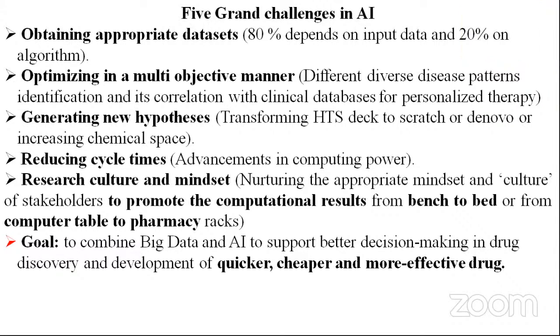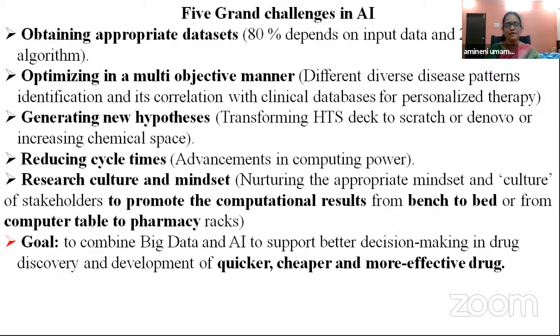And there should be a mind change in the research culture also. Previously it was bench to bedside; it should be replaced with computer table to pharmacy racks. The final goal is to combine big data. Big data is available with our omics, that is genome, proteome, everything; enormous data is present.